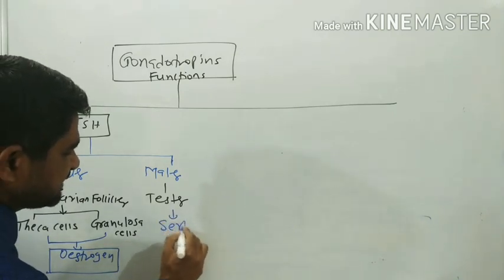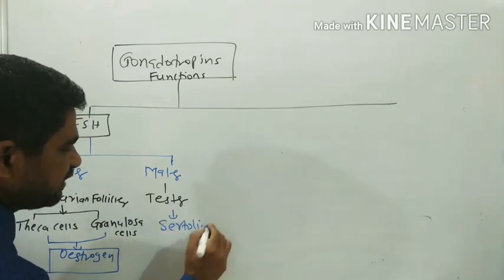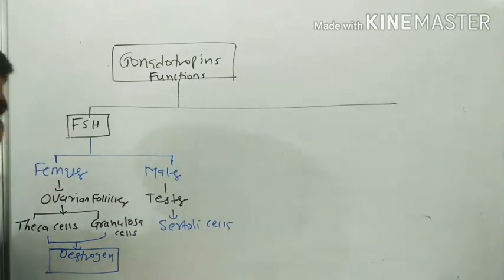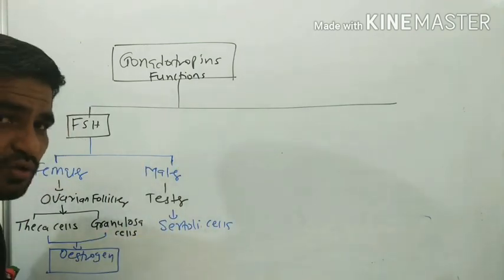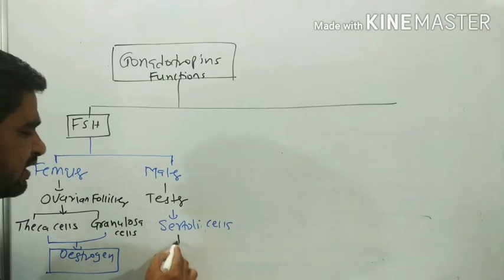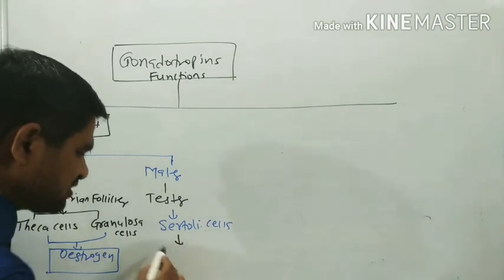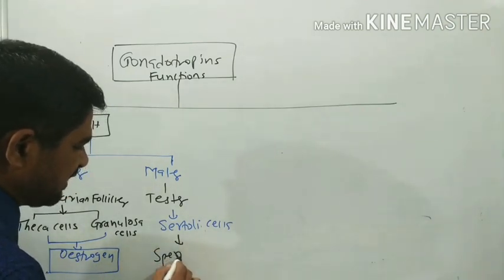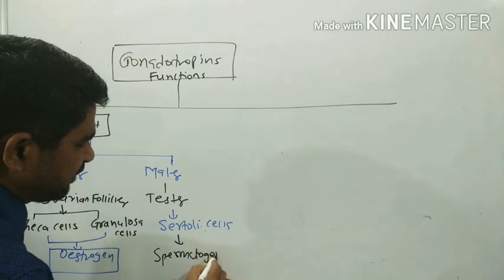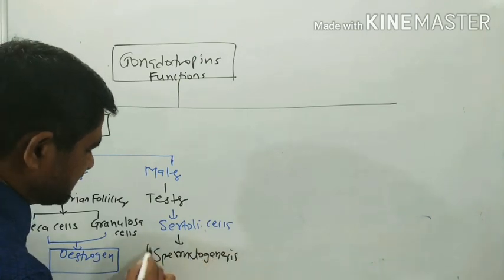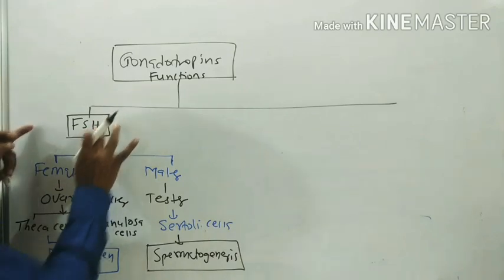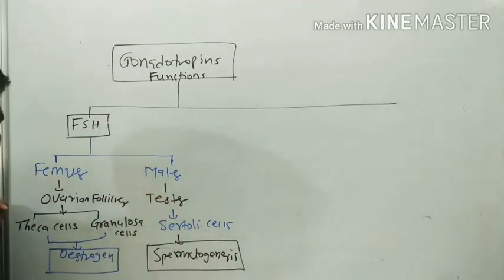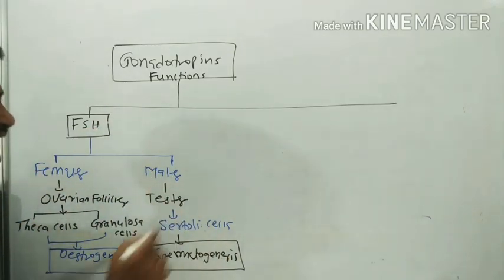Within the testes, there are cells called Sertoli cells, which help in the maturation of sperms and ultimately spermatogenesis. So FSH in males controls spermatogenesis, acting on Sertoli cells.